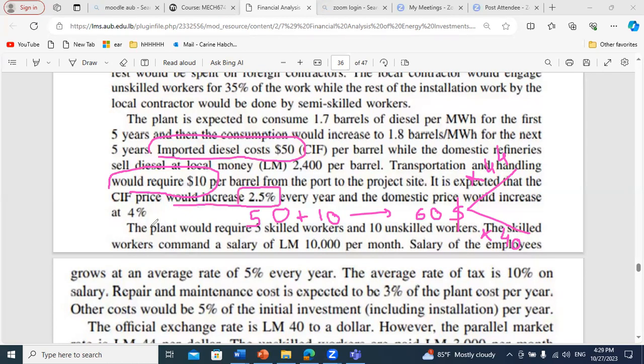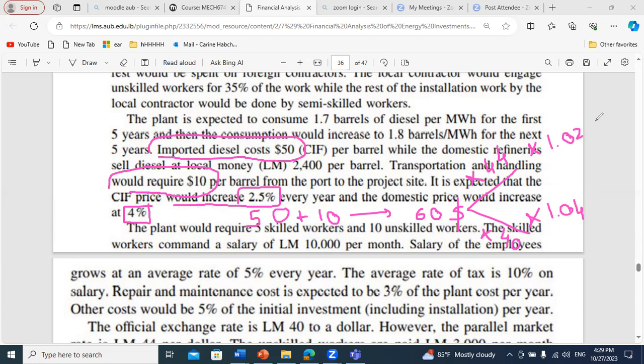And since the increase is 4% in the market price, when we conduct the variation of price with time, for the financial case, each year we should multiply by 1.04, while for the economic price, each year we should multiply by 1.025.